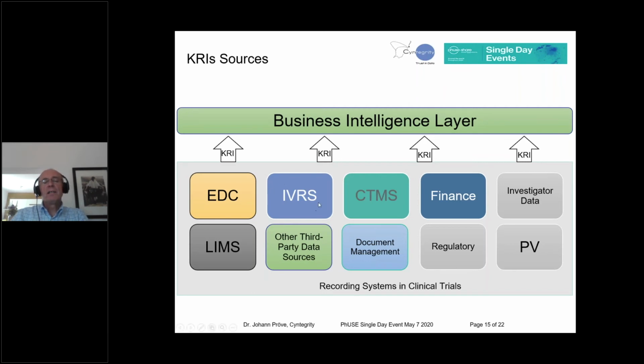But in reality, the data also come from the IVRS system, CTMS, finance, investigator data, pharmacovigilance, could be the lab information systems or other third-party sources, and we heard about patient diaries, etc. So it's important to keep in mind that risk-based quality management does not only focus on EDC data, because EDC covers maybe 60%, maybe 70% of the data, but there are lots of other data that are important to keep in mind.